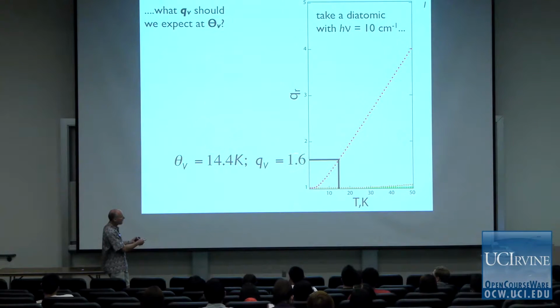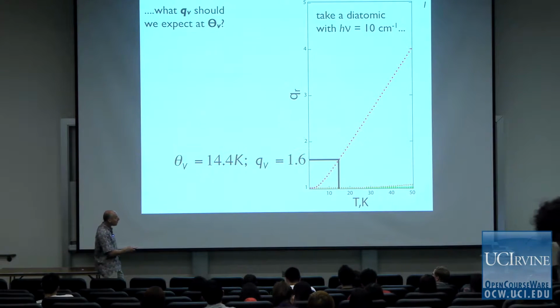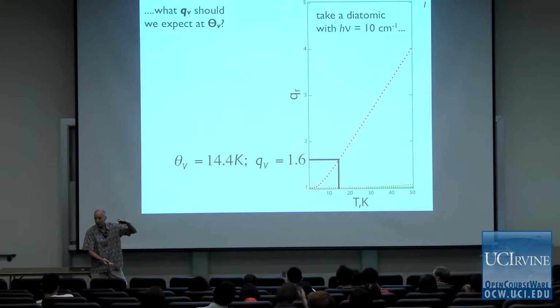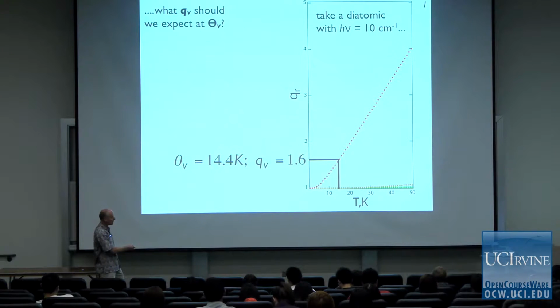In other words, we're occupying the ground state, of course. That's the 1. But that first excited state is not fully accessible by the system. Only 1.6 total states, including the ground state, are thermally accessible at this characteristic vibrational temperature.